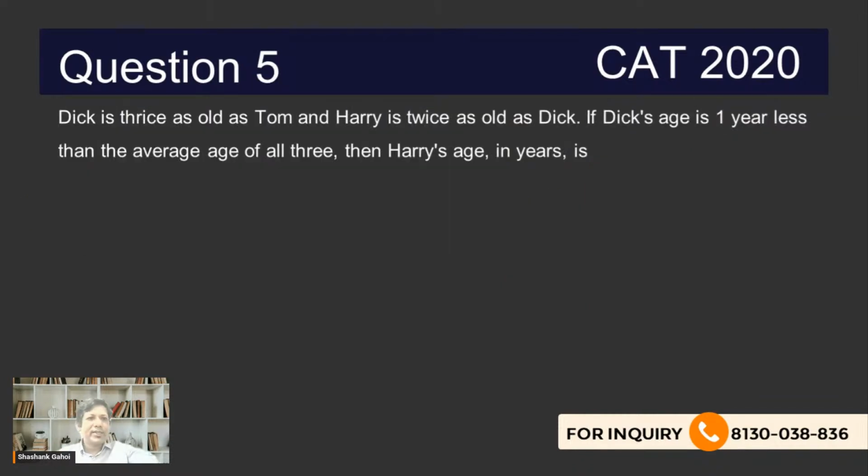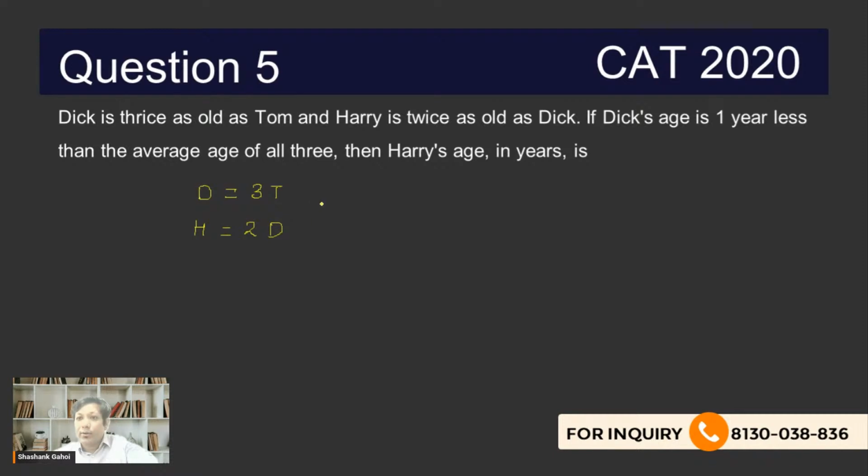What does it say? I'm just going to form a linear equation and figure it out. Dick is thrice as old as Tom, and Harry is twice as old as Dick. Instead of assuming any value, I am going to start with variables.